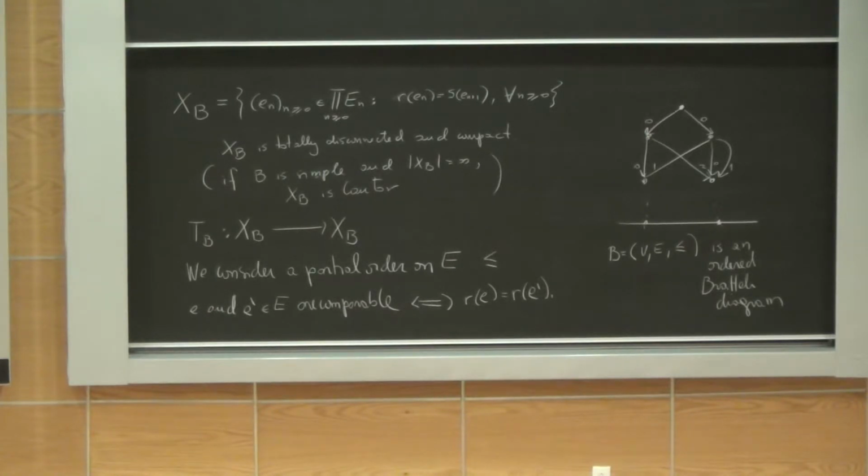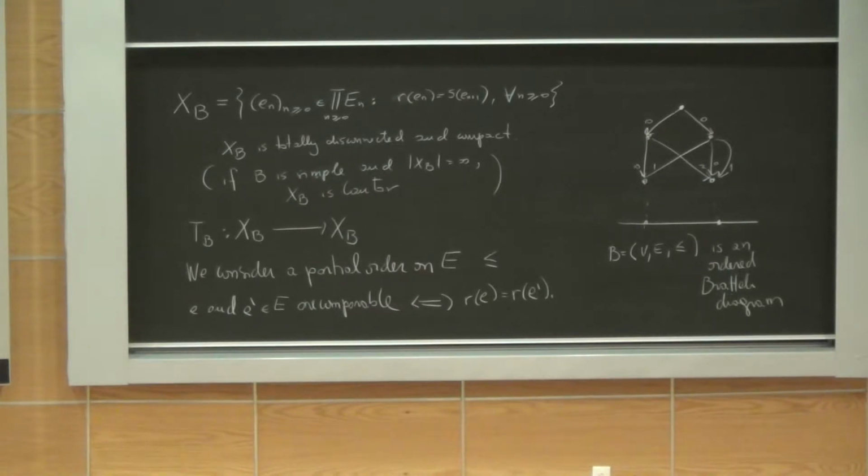But to define the transformation TB, we will consider orders such that this set contains exactly one element. So these are the orders that we are going to consider.